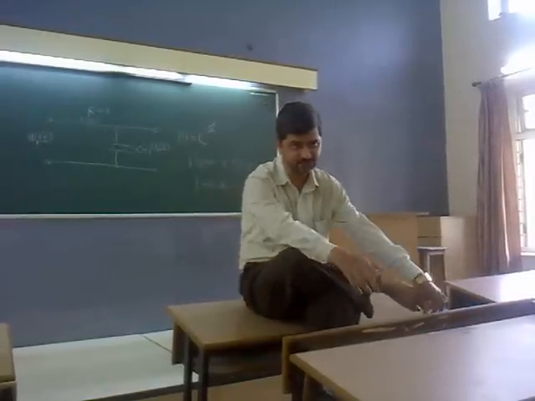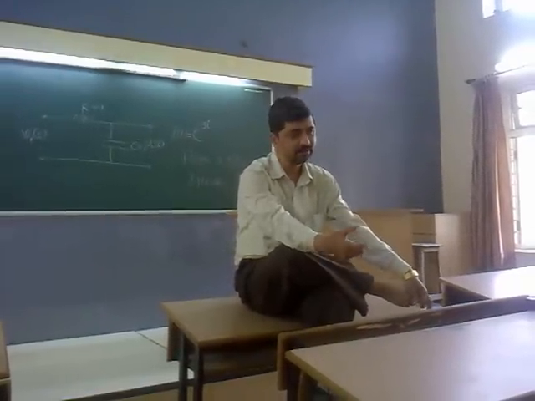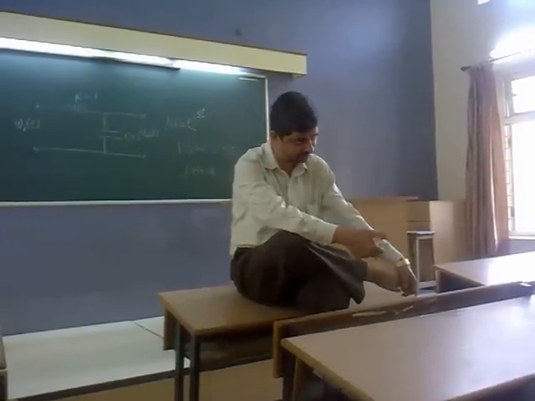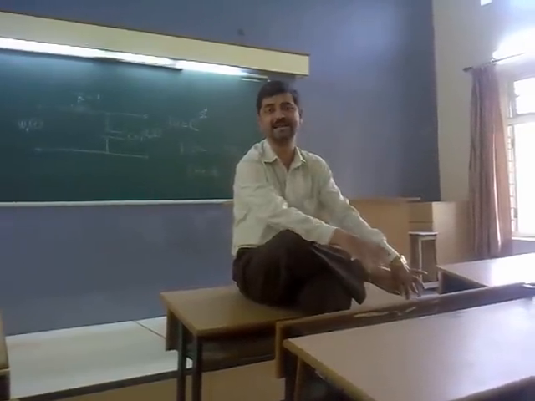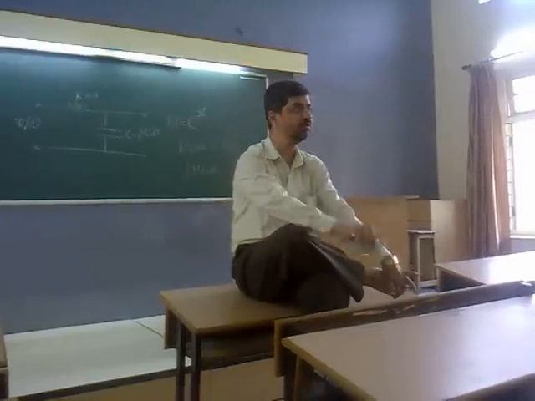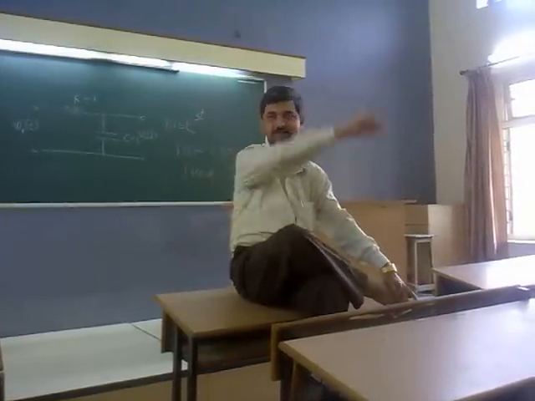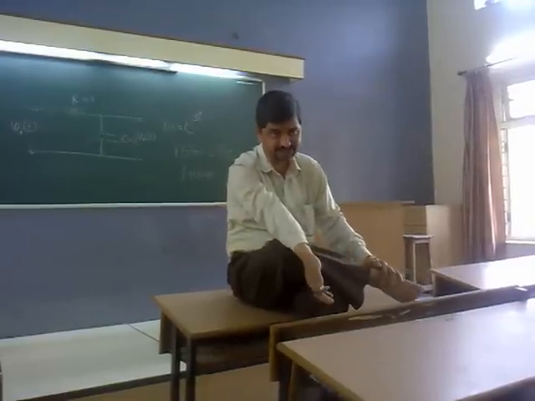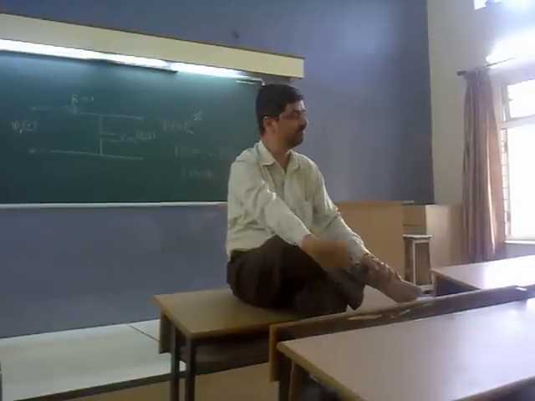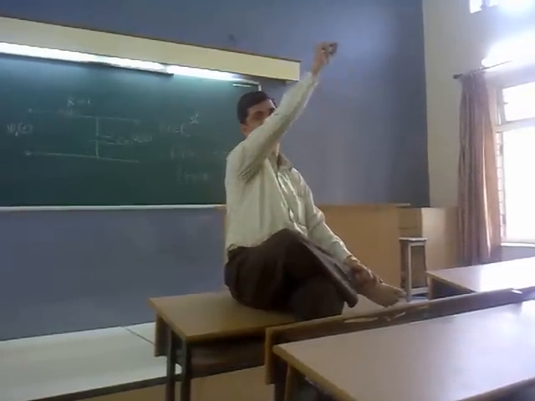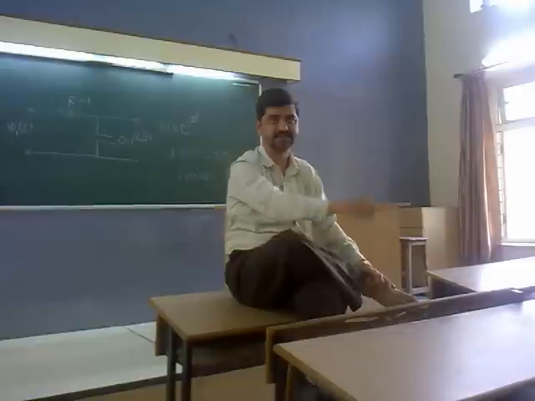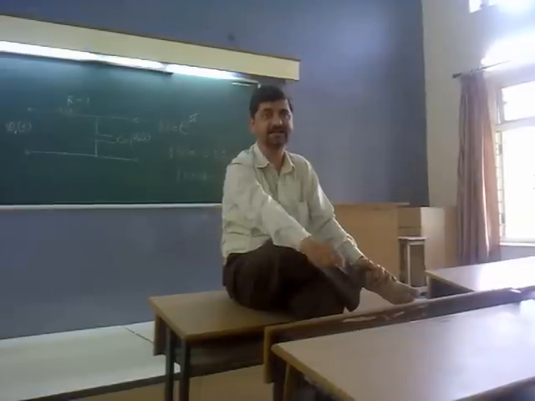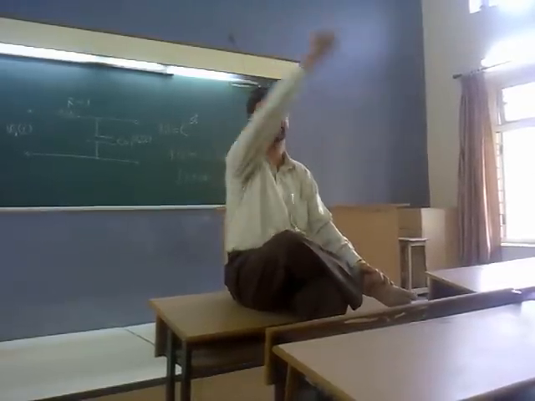For e raised to st, if sigma is 0 and I have some non-zero omega, then I get a signal which rotates on a circle. If omega is 0 and sigma is non-zero, depending upon sigma, it either exponentially increases or exponentially decreases. And if I have both non-zero, with sigma positive, then I get a rotating phasor whose length increases like this.